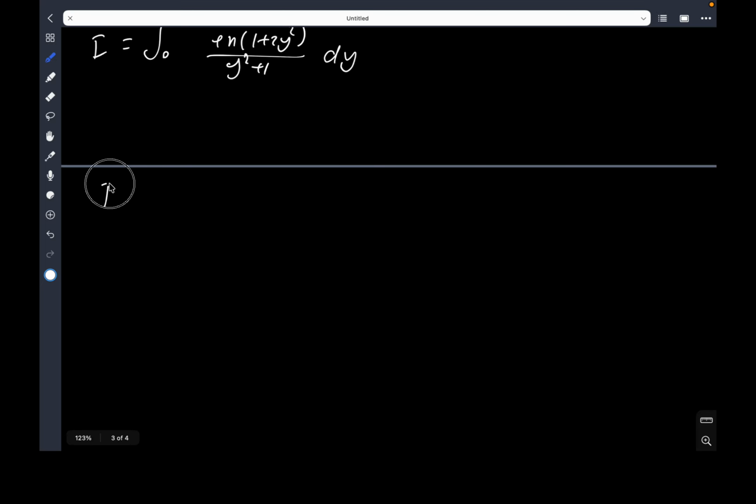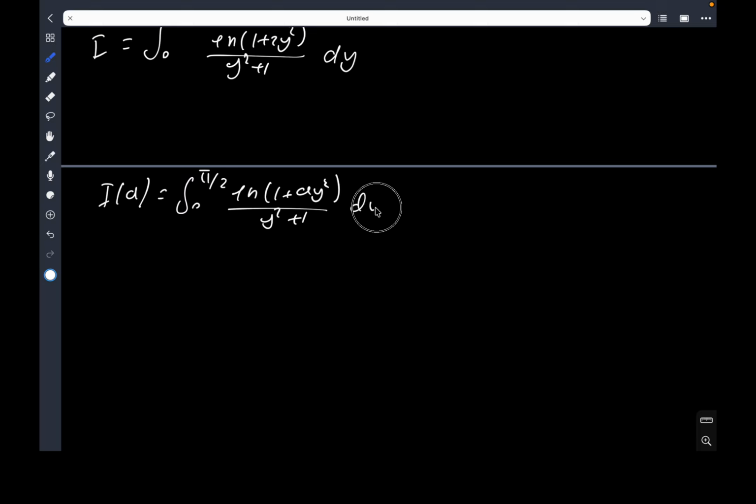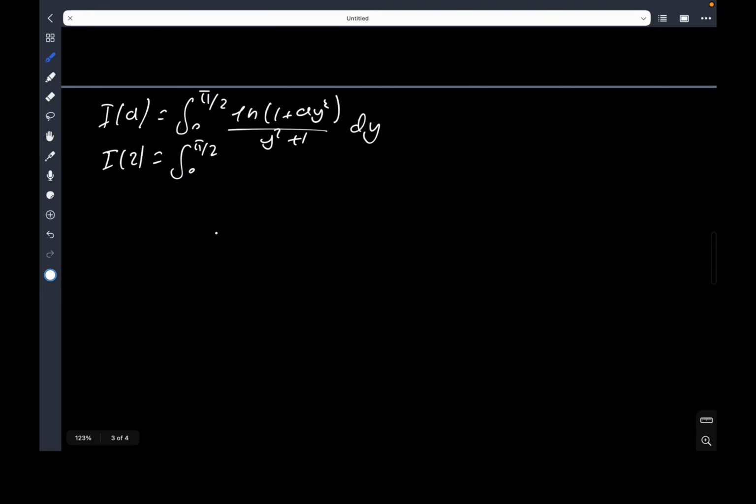Now I can define I as a function of a, and say that it is the integral of ln of (1 plus ay squared) over (y squared plus 1) dy. And if I find I of 2, my integral is going to be ln of (1 plus 2y squared) over (y squared plus 1).